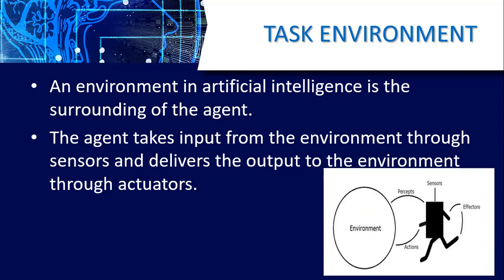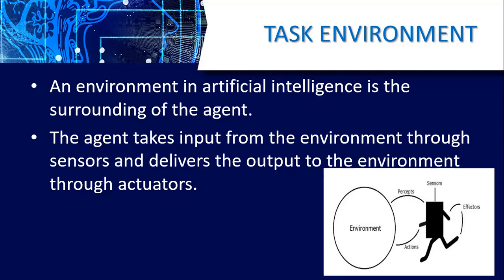So this is an example diagram of how the flow will be. You can see the human agent will be replaced by the machine. So the machine will be considered as an AI agent. Percepts means it will observe the environment and take the input from the environment. The sequence of inputs which you get from the environment will be considered as percepts in artificial intelligence.